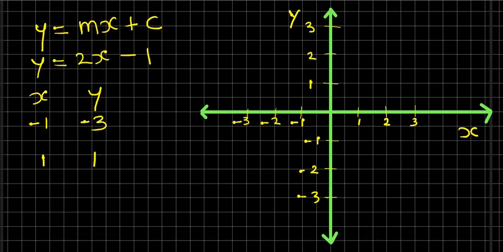Now we can plot our graph. When x is minus 1, y is minus 3. That is this one. When x is 1, y is 1.